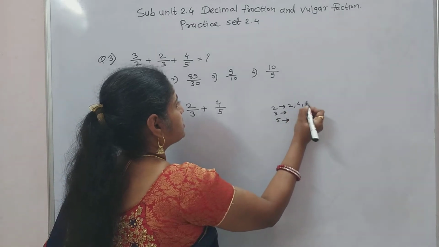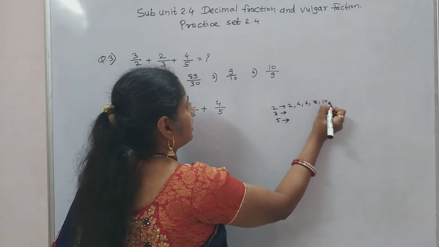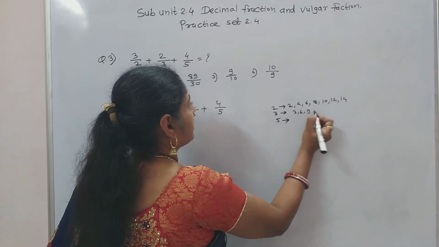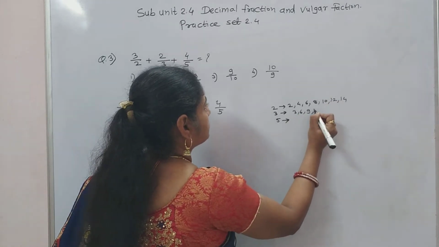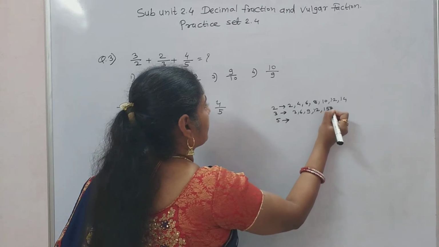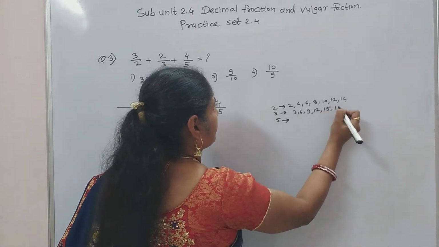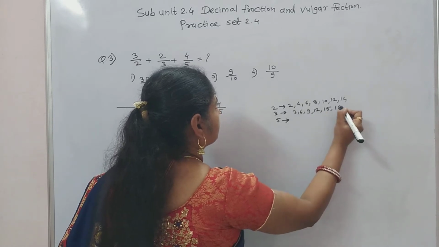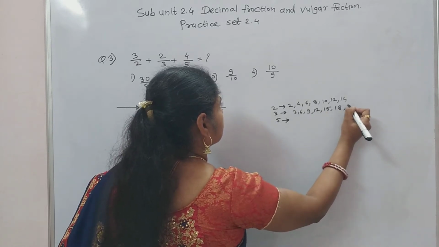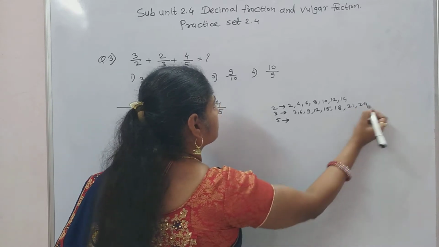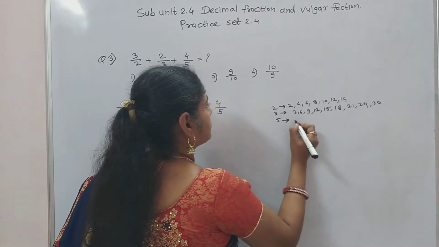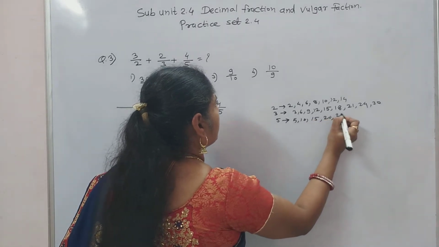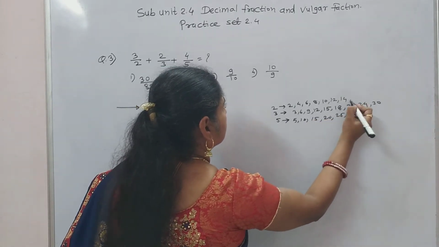2, 4, 6, 8, 10, 12, 14. 3, 6, 9, 12, 15. 5, 10, 15, 20, 25, 30.